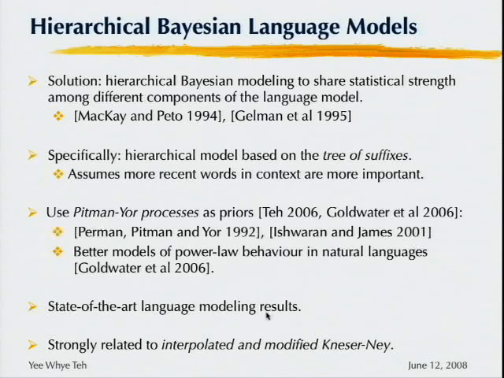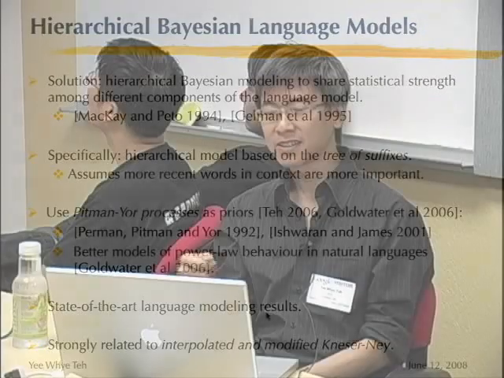And the nice results here is that firstly, we do produce state-of-the-art language modeling results. And secondly, in fact, we can show that interpolated Kneser-Ney can be interpreted as approximate inference in this hierarchical Pitman-Yor language model. So this is kind of nice because it gives us a nice explanation for why interpolated Kneser-Ney does so well.